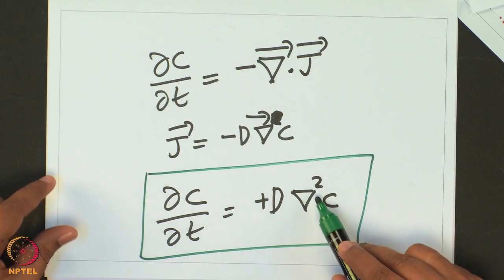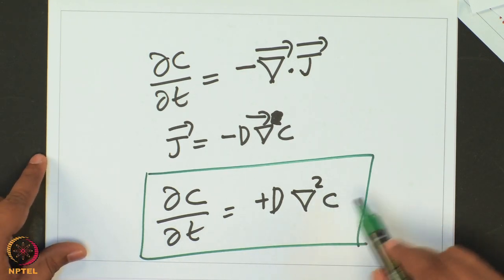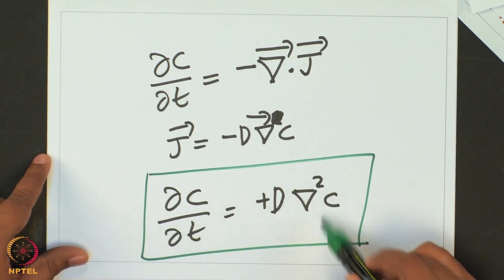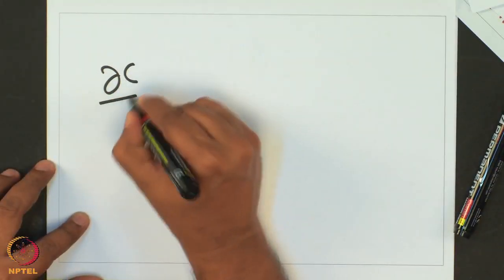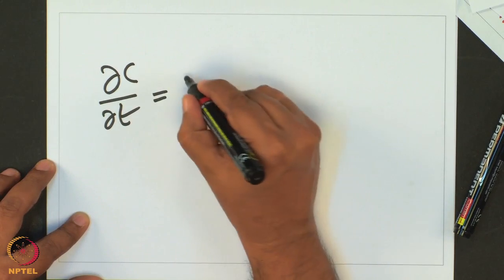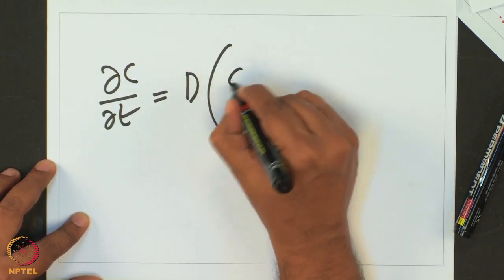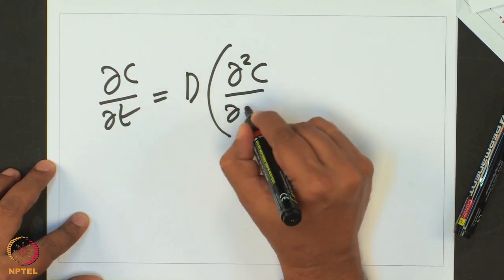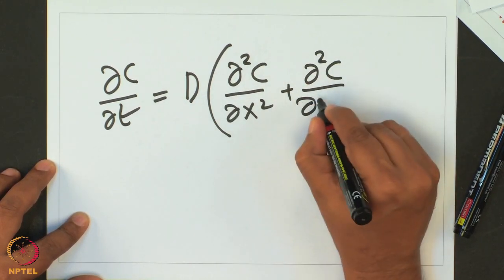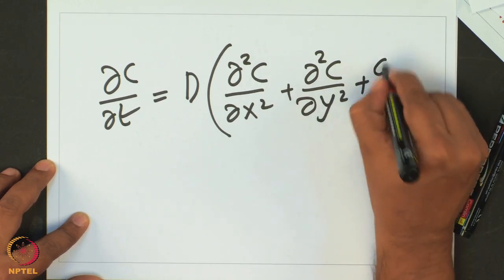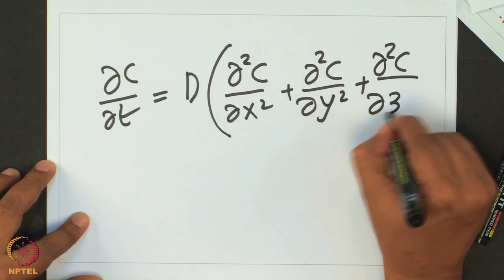In 3 dimensions, the del square will have x, y, z, and in 1 dimension just x will be there. So let me write this in 3 dimensions and summarize what we did so far. ∂C/∂t will be equal to D ∂²C/∂x² plus ∂²C/∂y² plus ∂²C/∂z².